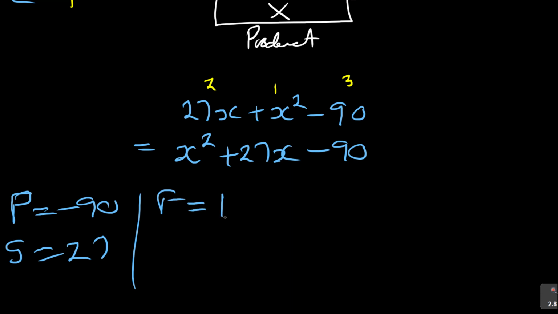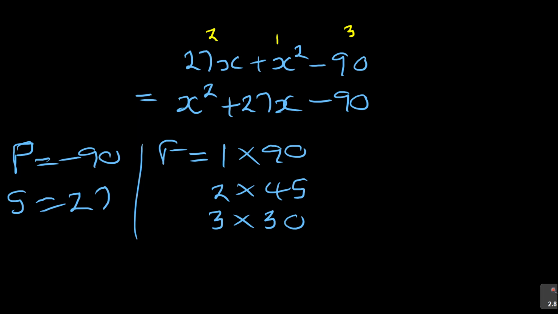What are the factors of 90? 1 times 90, 2 times 45. Still fine. It's a long number. 3 times 30. We continue. I can even stop here because if you know what you're doing, you don't need to go further. But let's try 4.